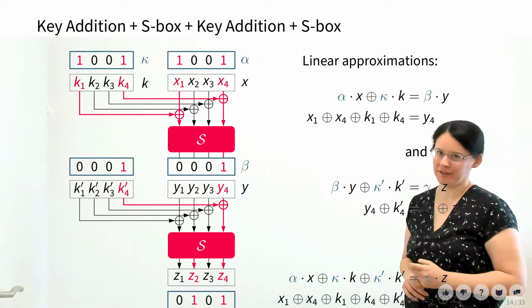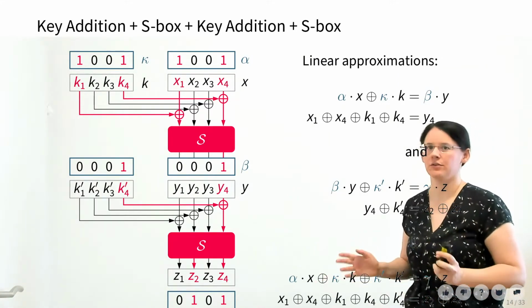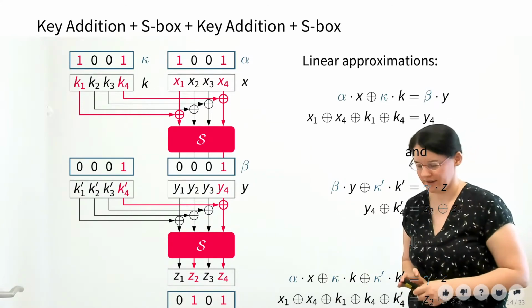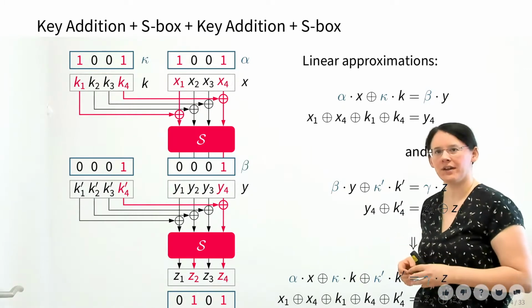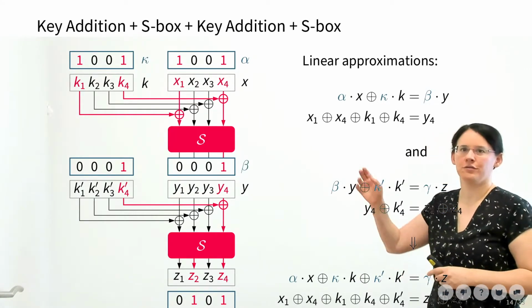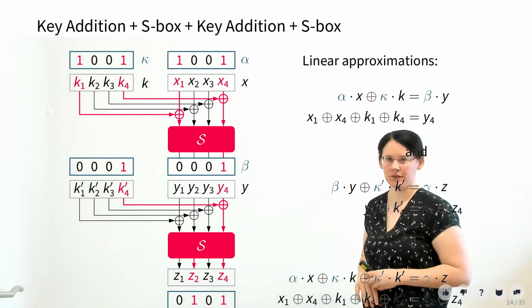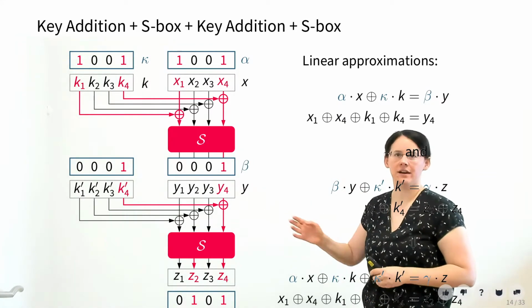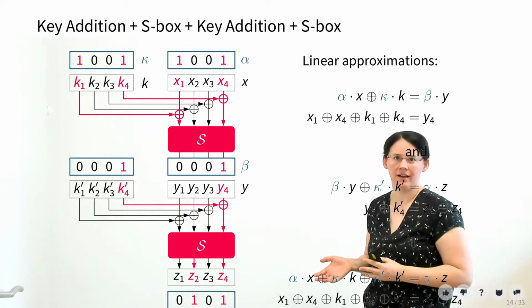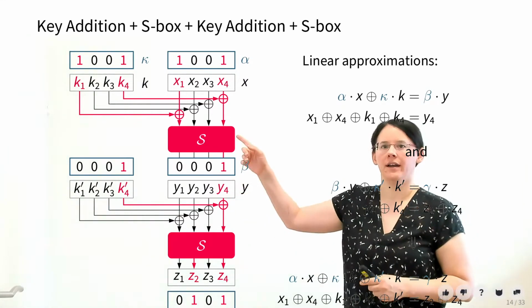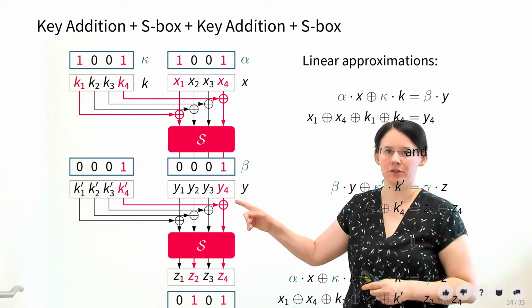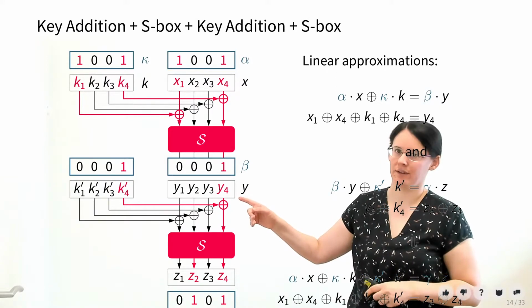And if I keep doing this also with the next Sboxes and also across the next linear layers, then I can cobble together a linear approximation of just the input and the output, and I always need the intermediate values to essentially cancel out in the equation. So for example, I involve y4 in this equation and in this equation, so it cancels out when I XOR them.